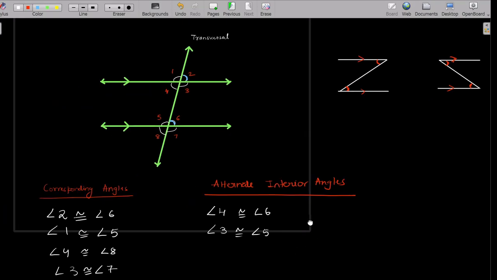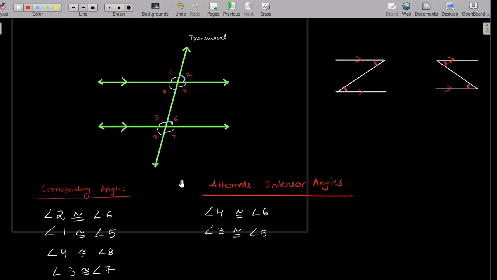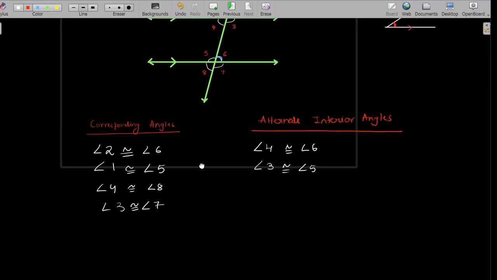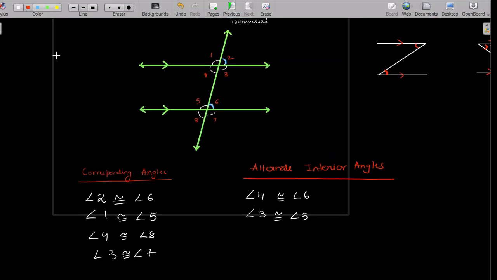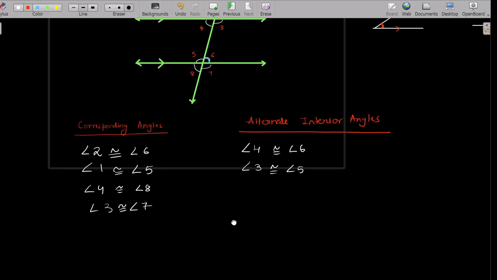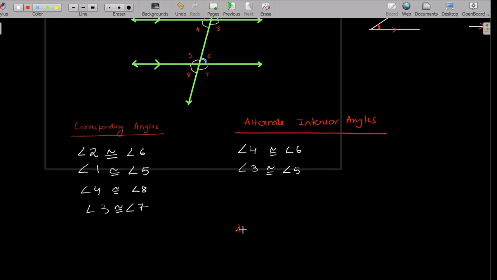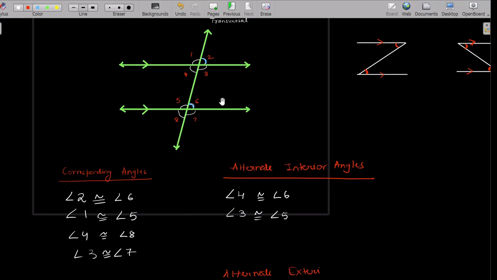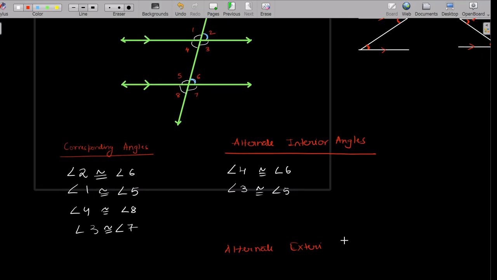Okay, then we have angles called alternate exterior angles. So if you saw, interior angles were between the two parallel lines, and the exterior ones will be outside the two parallel lines.